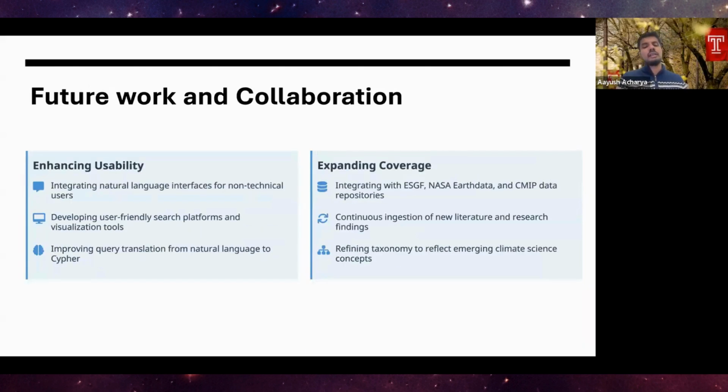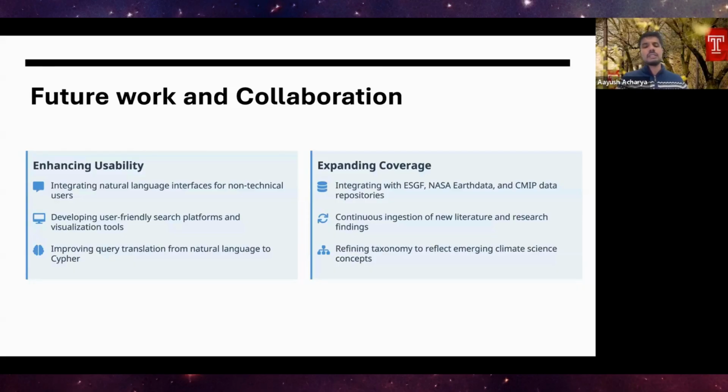And the future work is that we're mostly looking to improve our natural language interface and add more and more papers, so that we have stronger relations which we capture from multiple papers. That is stronger proof that the relation is not hallucinated and is actually a relation that's present in real life, so that it can be validated.